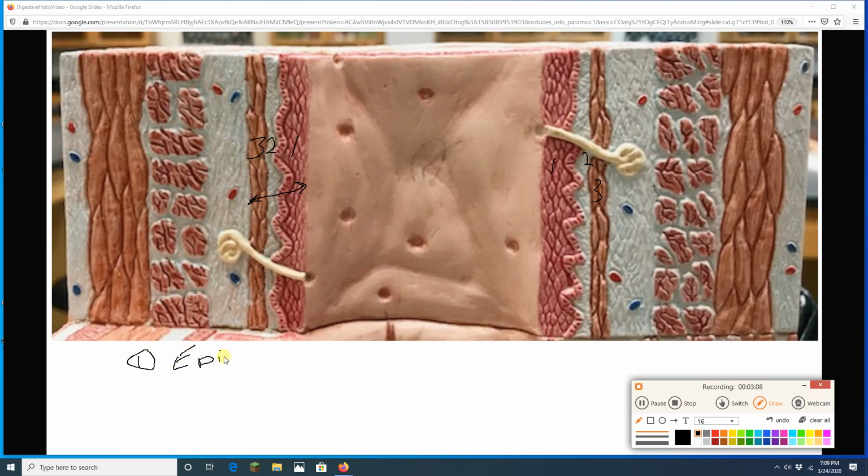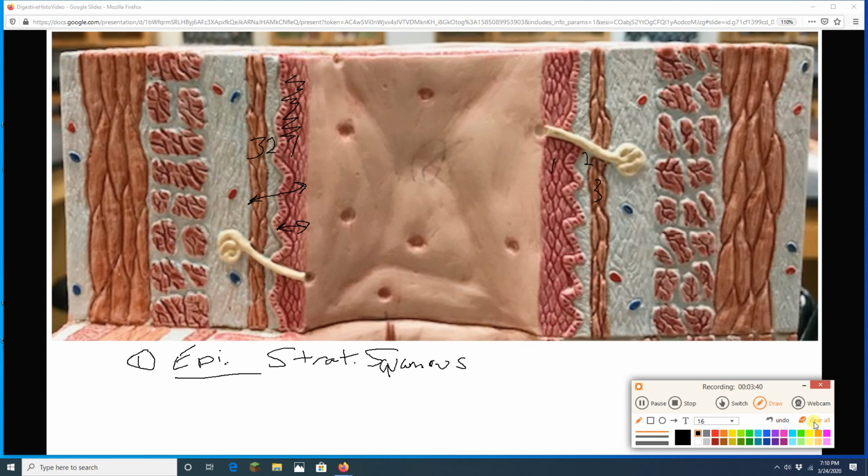Check out the multiplicity of layers here. That means the epithelium is stratified, and it is stratified squamous for protection, of course. So, first part of the mucosa is the epithelium, which is stratified squamous.